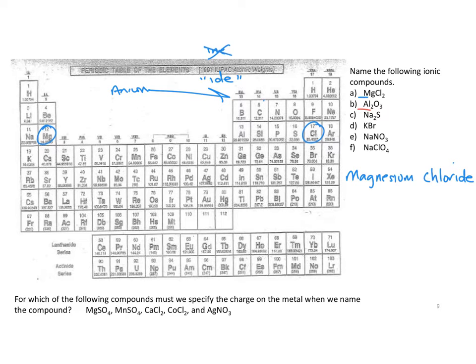Here we have aluminum, and then oxygen becomes oxide. Here we have sodium, and then sulfur becomes sulfide.